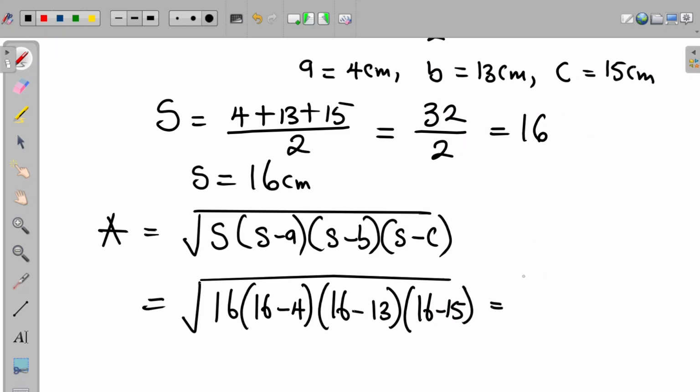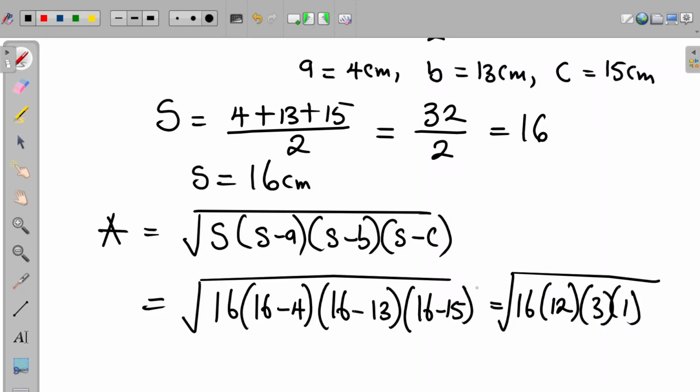So this can be expressed as 16 multiplied by (16 minus 4 is 12), multiplied by (16 minus 13 is 3), multiplied by (16 minus 15 is 1). So 16 times 12 times 3 times 1 is equal to 576.